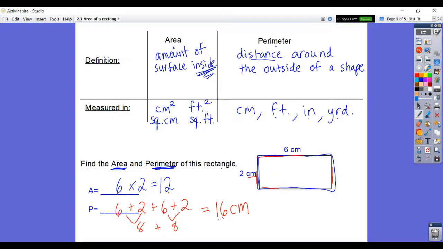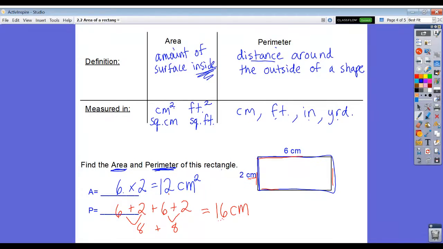But for my area, I multiplied 6 centimeters times 2 centimeters. So my units would be centimeters squared. Always remember to include those units. Have fun finding area and perimeter of some rectangles today.